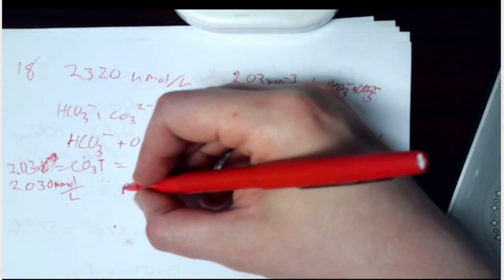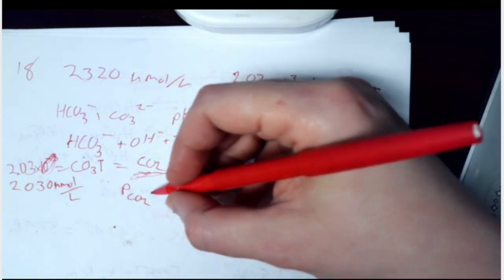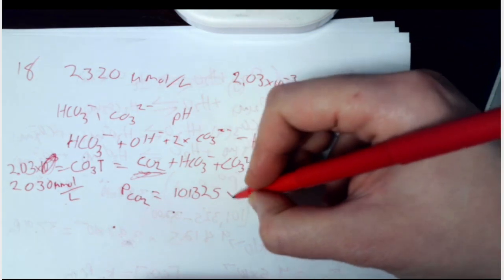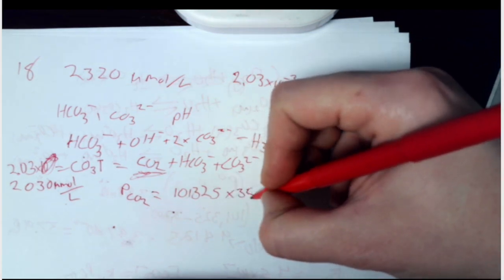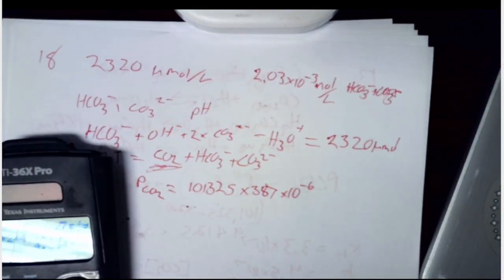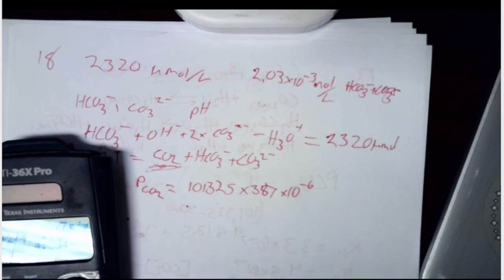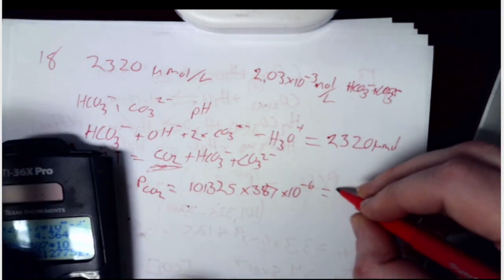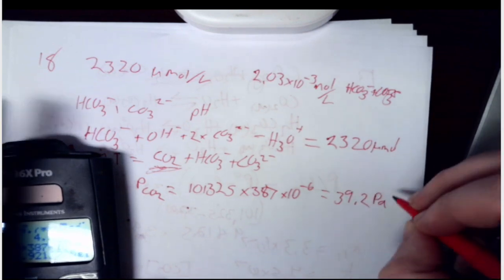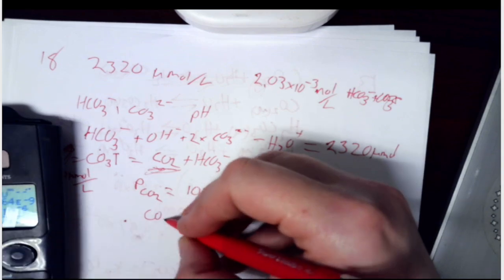So we say the P of CO2 is going to be equal to 101,325 times 387 times 10 to the negative 6. The same way we did, except we're neglecting the vapor pressure. That would be 39.2 pascals.